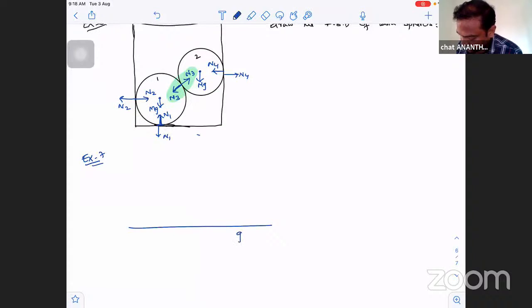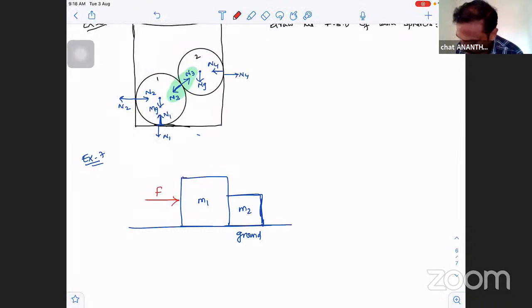Now this is the ground, let us say. On the ground, I kept one block of mass m1 and another block of mass m2. So we are applying the force F on the blocks.